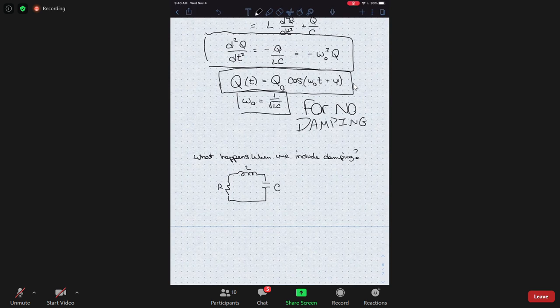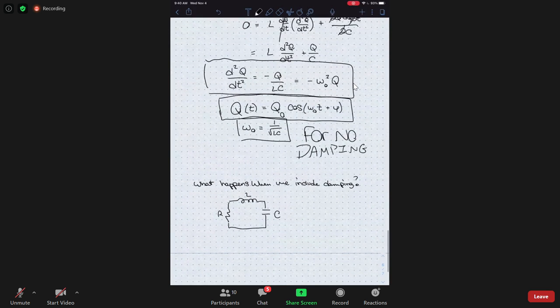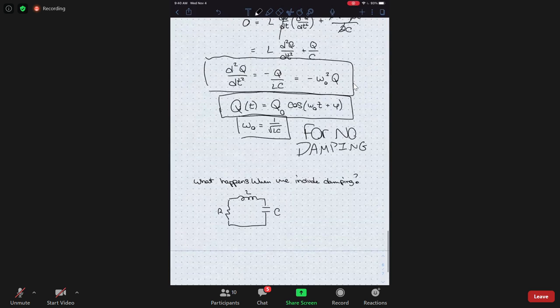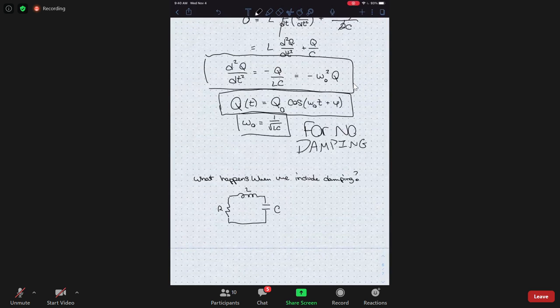If we want to look at how the charge changes with time, once again, or no, actually we don't look at charge just yet. We want to look at the energy of this. So we now have differing amounts of energy.